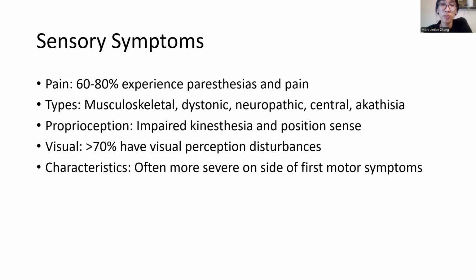Pain is most commonly reported in the lower back, legs, and shoulders, and typically starts or is more severe on the side where motor symptoms first appeared. Proprioceptive regulation, the sense of body position and movement, is also impaired.